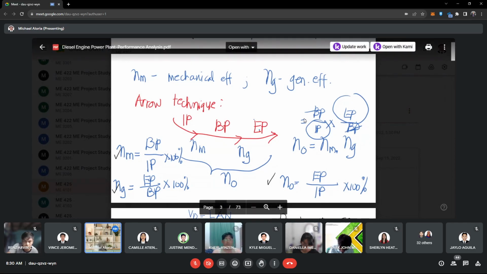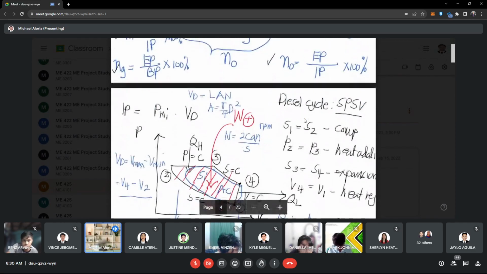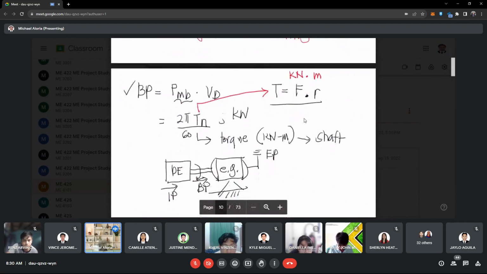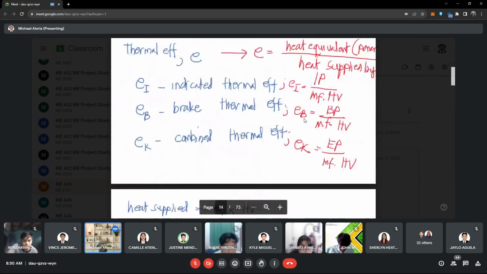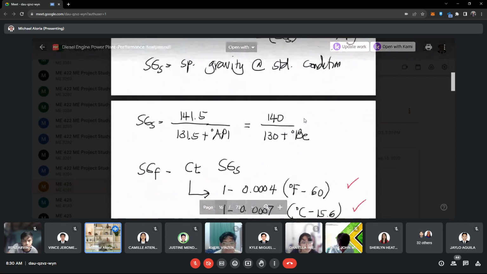So these are the general equations for mechanical efficiency and generator efficiency. Now, let us use thermal efficiency as our performance indicator.